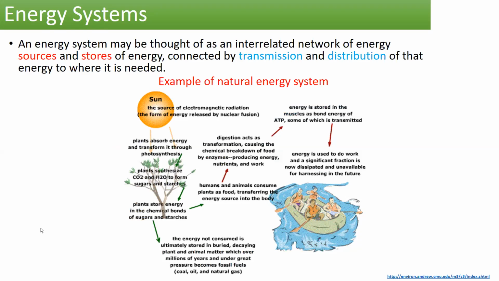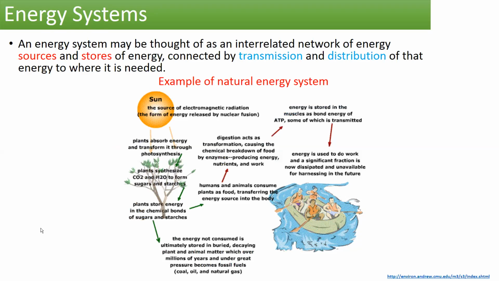Part of that energy from the sun can be used by plants to convert it into another kind of energy through a process called photosynthesis. So plants absorb energy and transform it through photosynthesis. But plants also have some kinds of impacts.